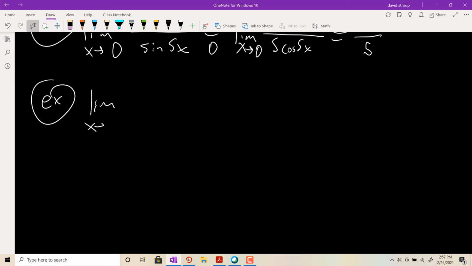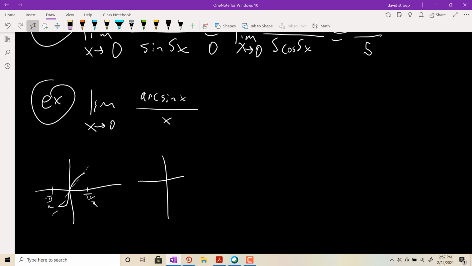The limit as x goes to 0 of the arc sine of x over x. If you don't remember, arc sine is from the restricted version of sine. So we restrict it from negative pi over 2 to pi over 2, and then we rotate it about the line y equals x, and the picture ends up looking like this.